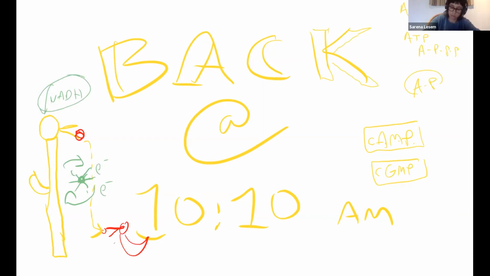When it's in this NADH form, it has electrons that are held in a very high energy conformation, and when you do a redox reaction and give them to some other molecule that holds them at a lower energy, you can capture that energy and do something interesting. Okay. Just writing down.